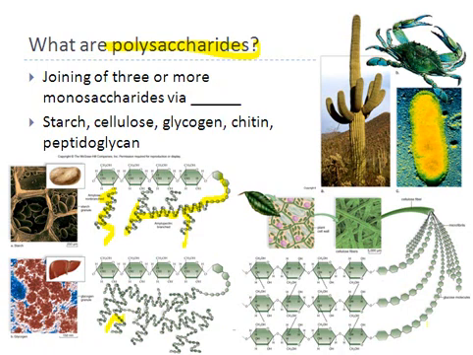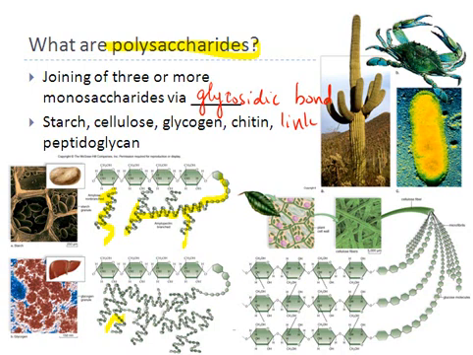These are the different kinds of polysaccharides present in living cells that we hear about the most. So the joining of three or more monosaccharides is through a glycosidic bond or link. You can use either of the two words.